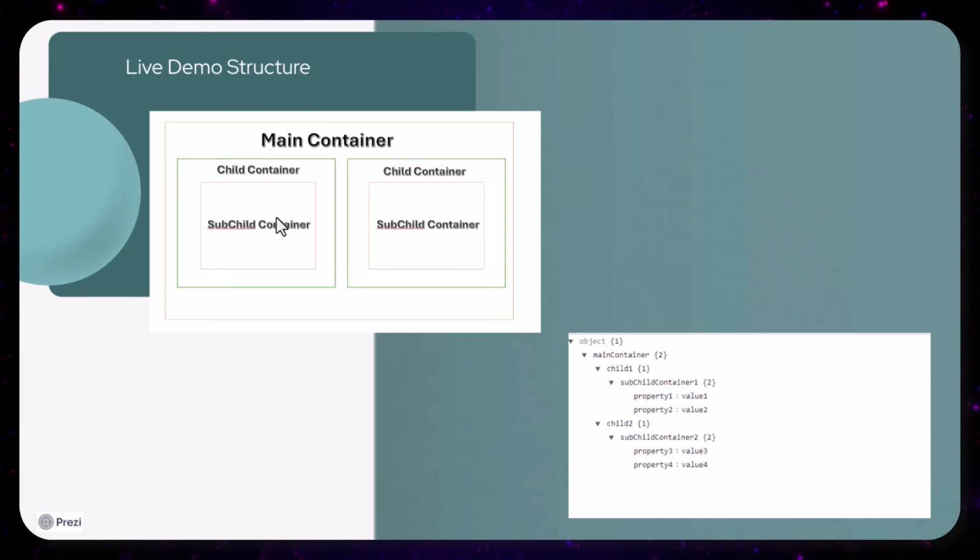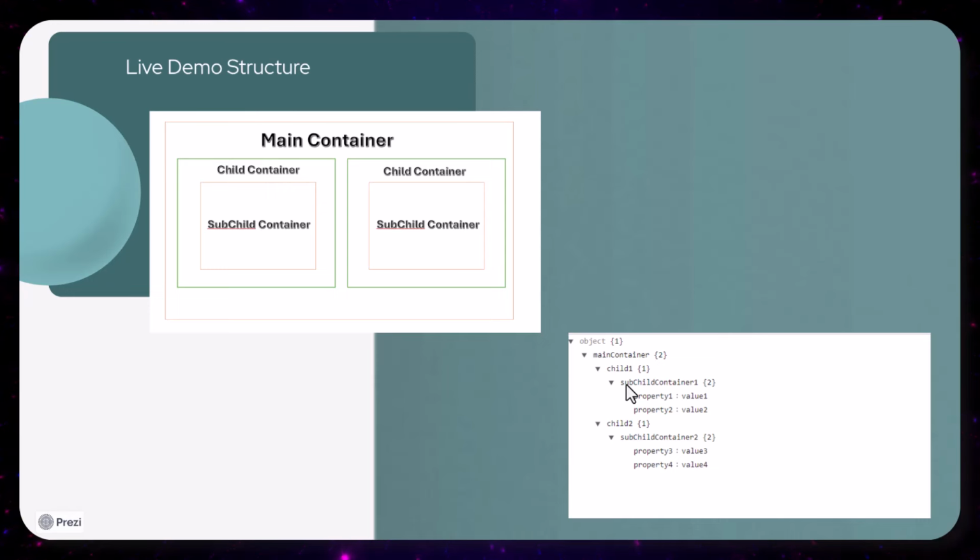So it's three levels that you have to work on: main container, child container, sub-child container. You can see a little example of the tree in the next image. You have main container, your child, in this case child 1, child 2, and then you have your sub-child container.